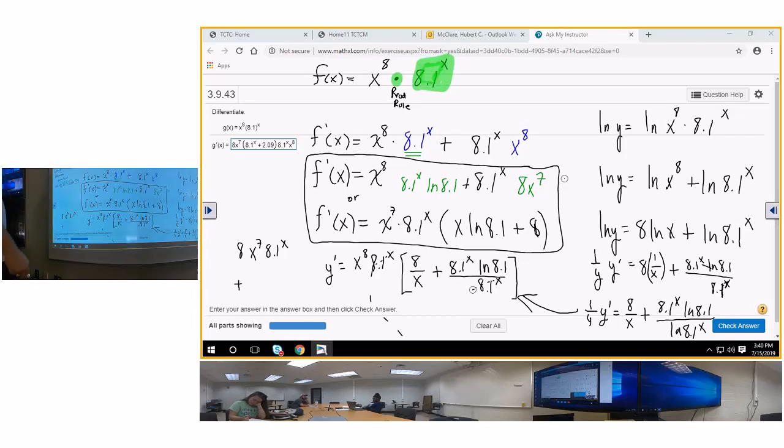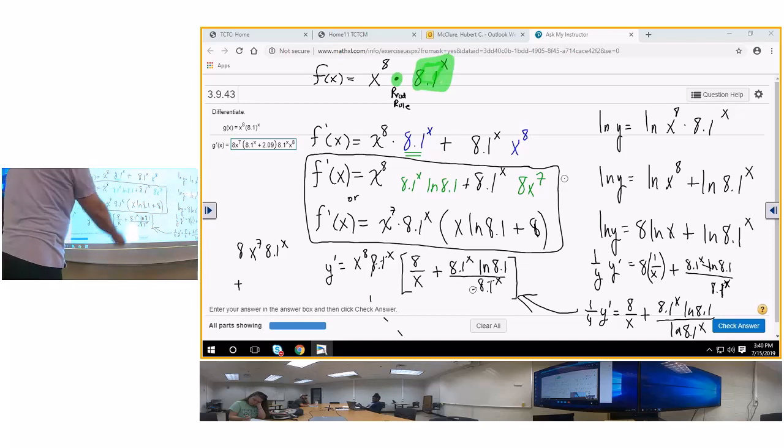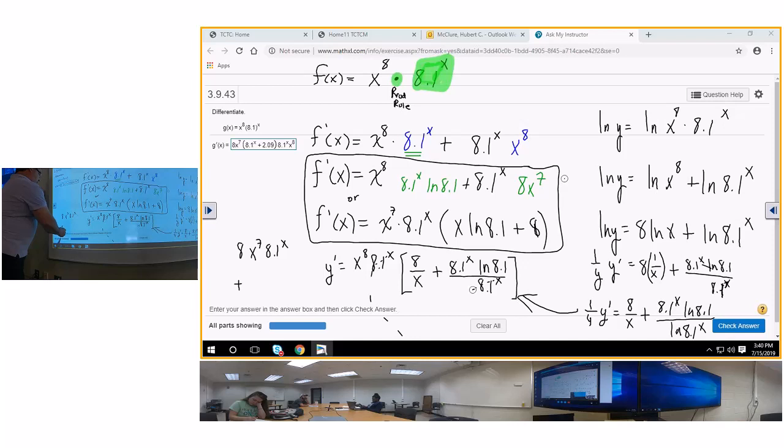And I think you're going to see that you're going to factor something out and you're going to get this right here. So that's going to be x to the 8th times, I'm sorry, I'm trying to see what's going to cancel. That's going to cancel with that. And that's going to leave 8.1 to the x, natural log of 8.1.